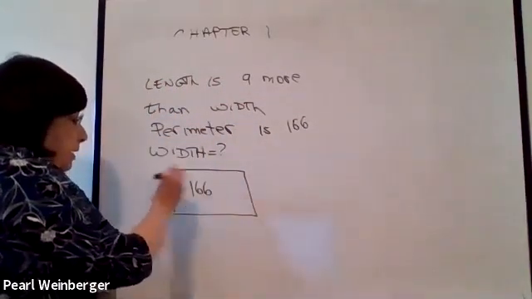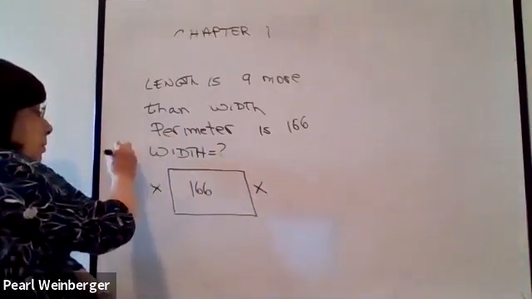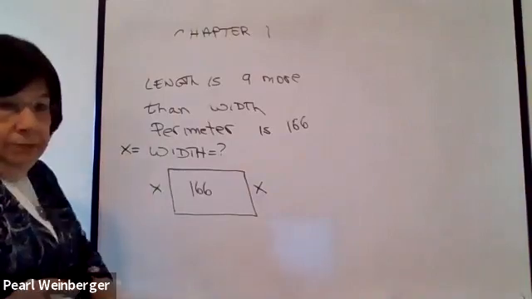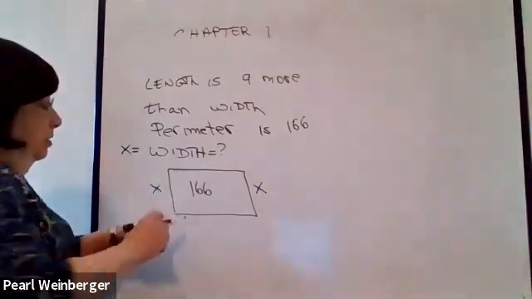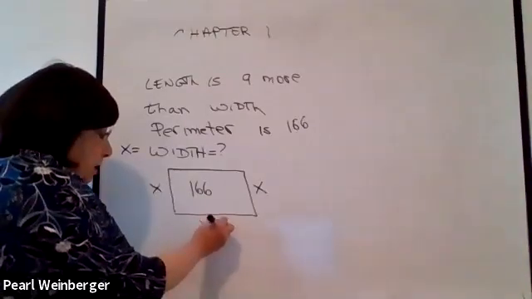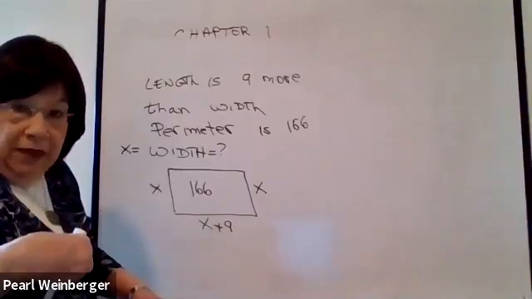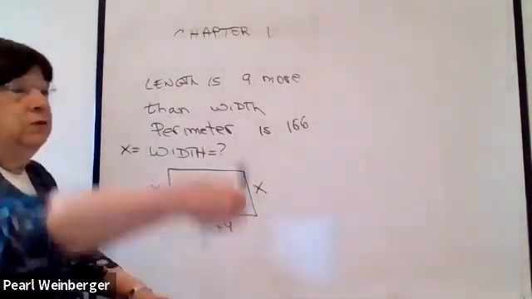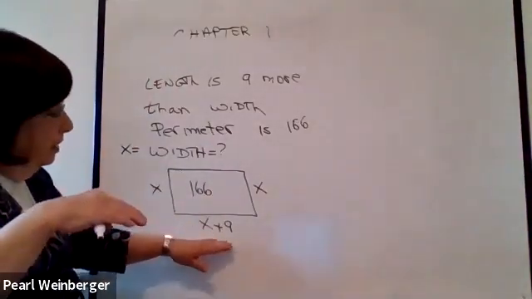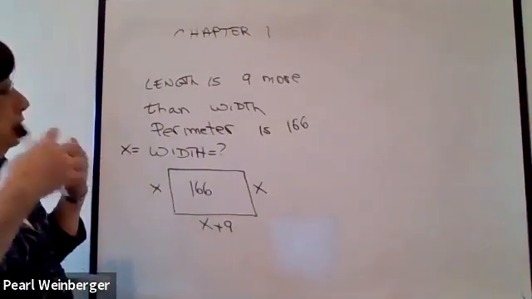Let's call this one x and this one x. Then the length, 9 more, is x plus 9. Remember, 9 less would be x minus 9. 9 more is x plus 9. We add 9 to the x for more. We subtract 9 from the x when it says less.